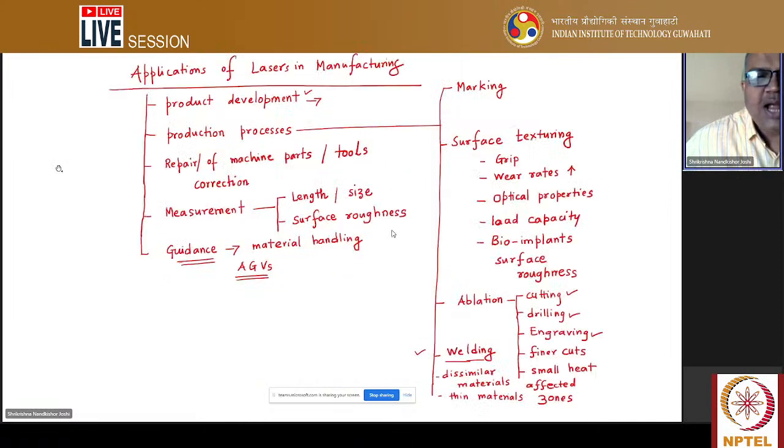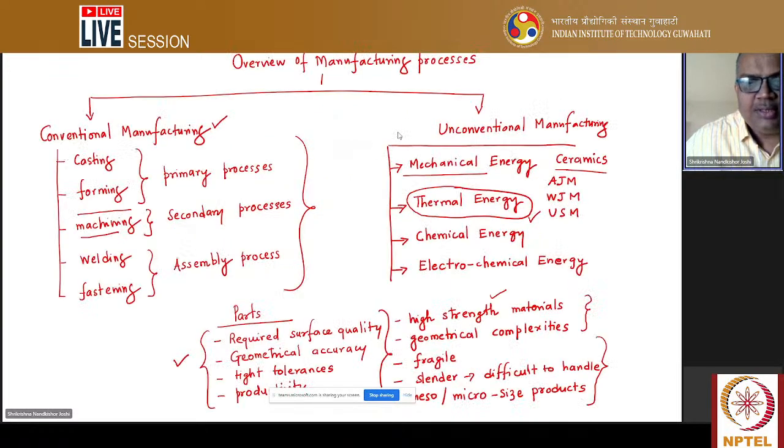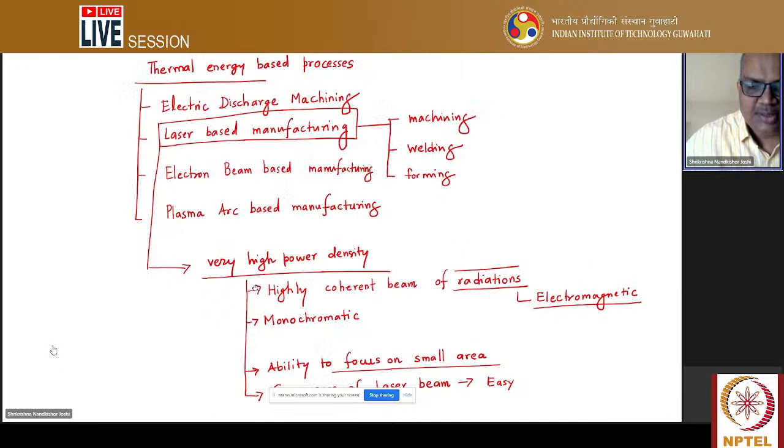We started with the fundamentals of laser-based manufacturing. We have seen the meaning of manufacturing, then an overview of the manufacturing processes, and where exactly the laser stands. Basically, it is a thermal energy-based process, and we saw its various advantages at a very preliminary level in the early stage of the course.